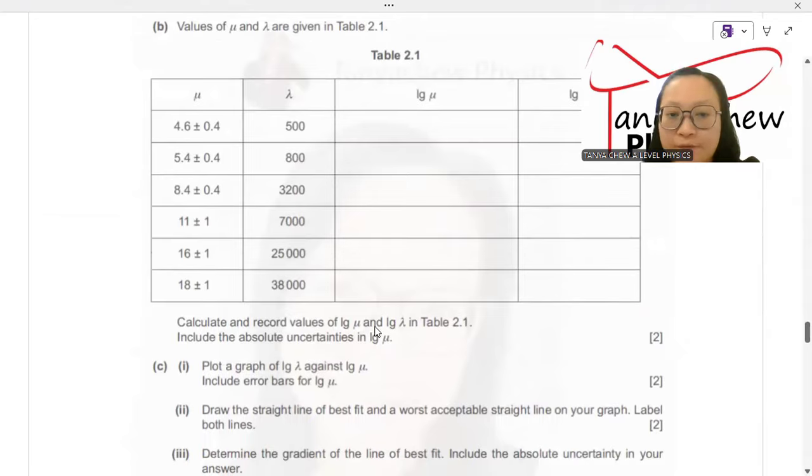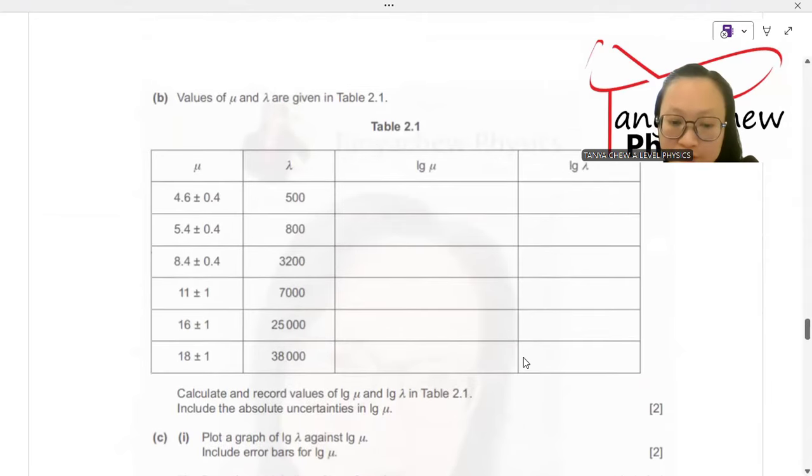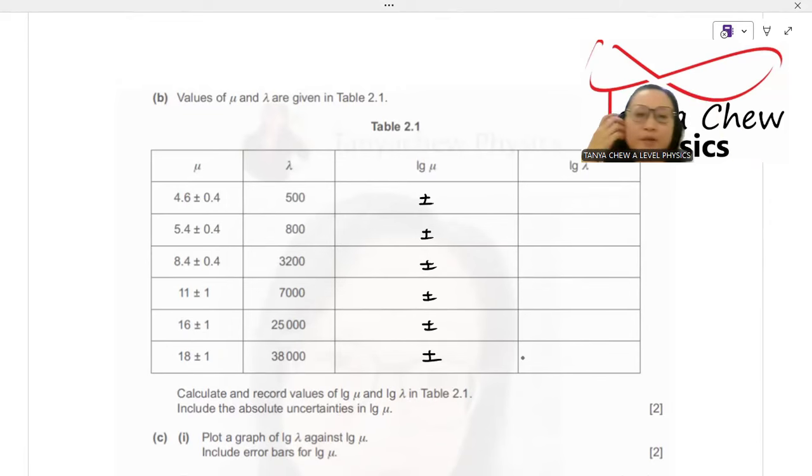Now, B, values of mu and lambda are given in table 2.1. Calculate and record the values of log mu and log lambda in table 2.1. Include the absolute uncertainties in log mu. So for log mu, you have to include uncertainty. Normally, I put plus minus in between first, and then I do my calculation for log mu.